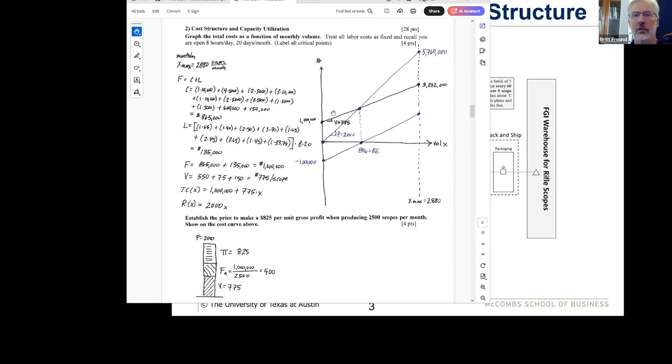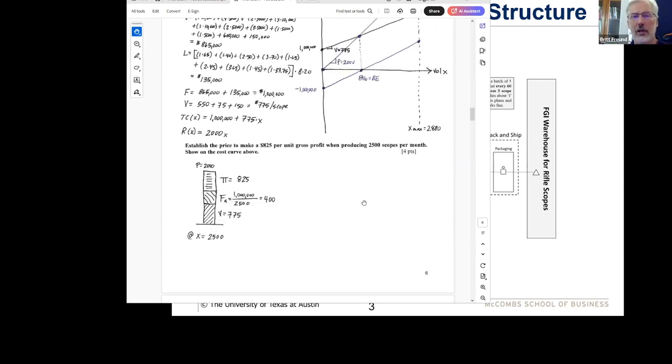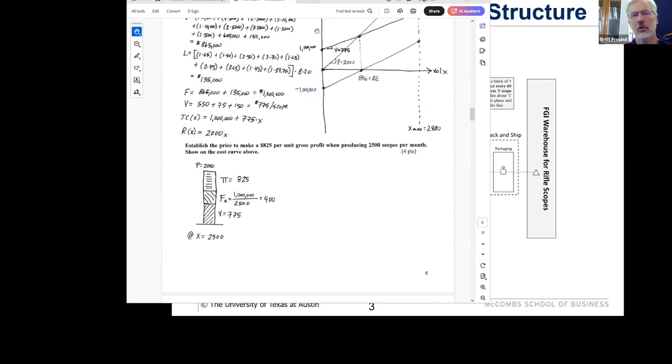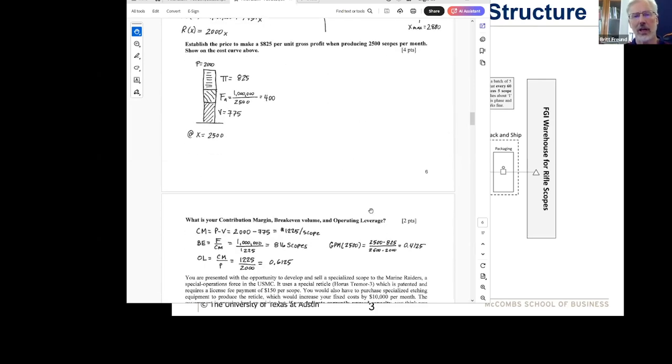Ultimately, you were able to generate this graph. Ultimately, you were able to figure out what the price needed to be. And ultimately, you were able to establish these kind of key metrics, the contribution margin, the break even, the operating leverage, and then in particular, since we'll use it later on, whatever gross profit margin we're making if we hit our target of 2,500 units per month. So I will talk through those, but I'm assuming those parts were okay.